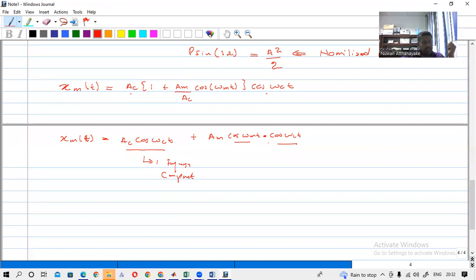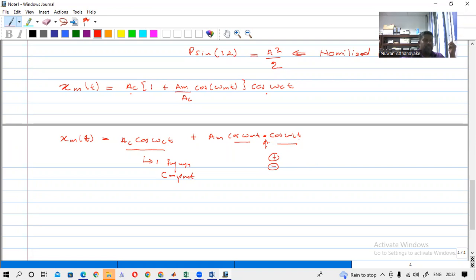If we can convert this multiplication into addition or subtraction, then we can say that. We will have separate sinusoidal signals, separate frequency components, so we can find the power of each separate sinusoidal component. So what we have to do is convert this multiplication into addition or subtraction.